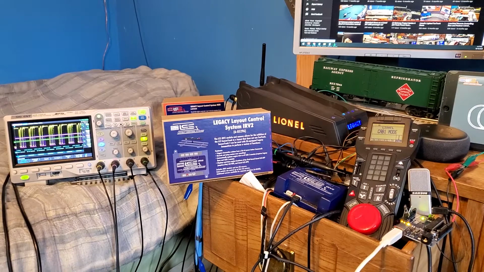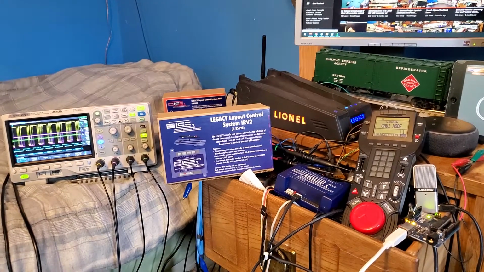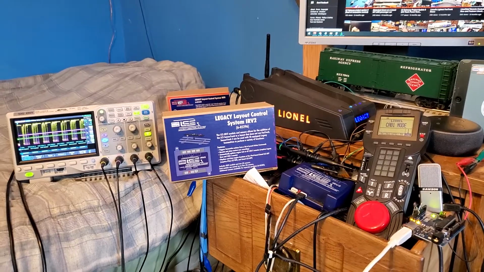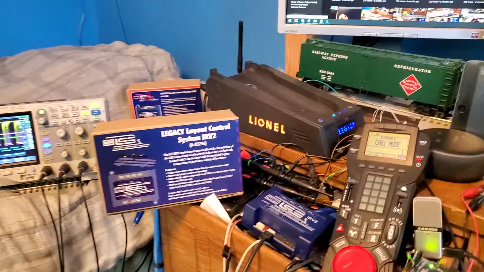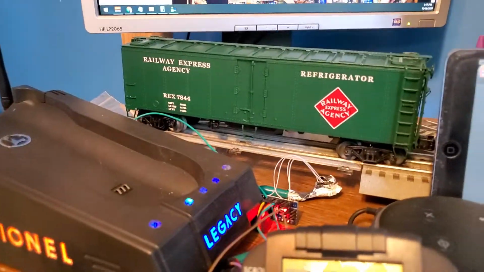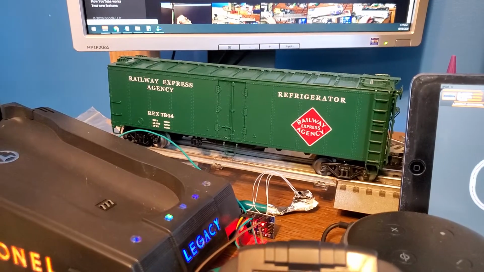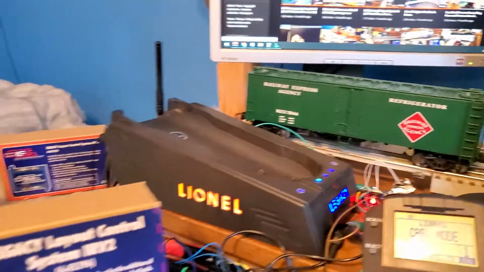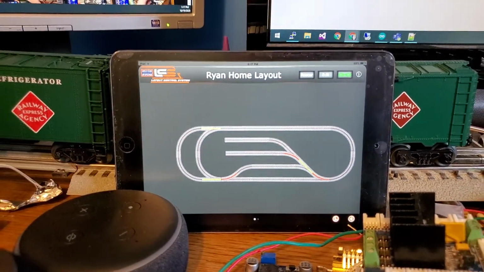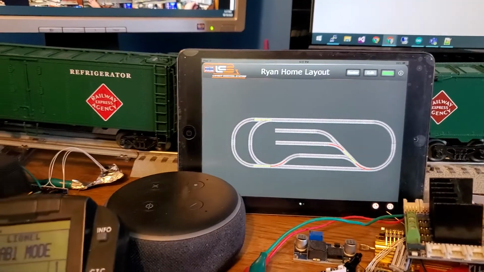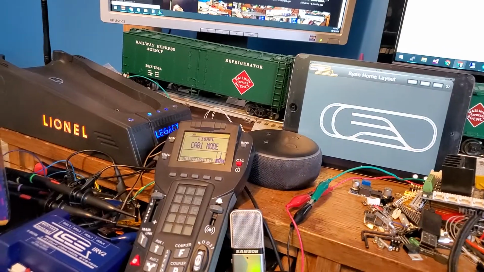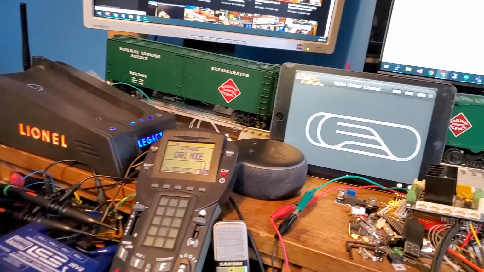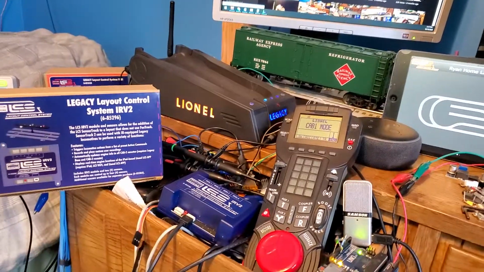So today I got the foundations of the code working that will let me receive and transmit sensor car data that I can learn using the sensor car over there, which broadcasts out infrared data to be received by the sensor tracks and used by the layout control system iPad app or other functions such as automatic announcements and other features that you can record in the Cab 2 there.